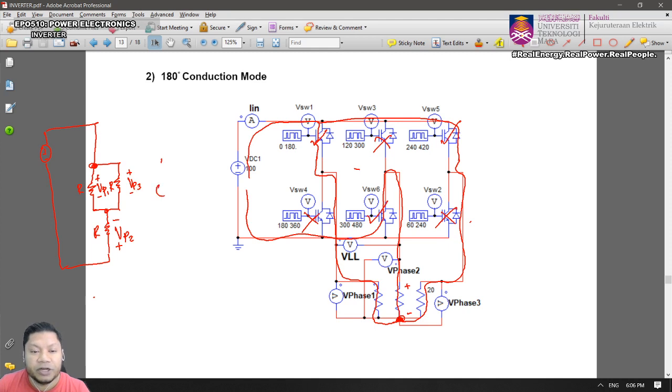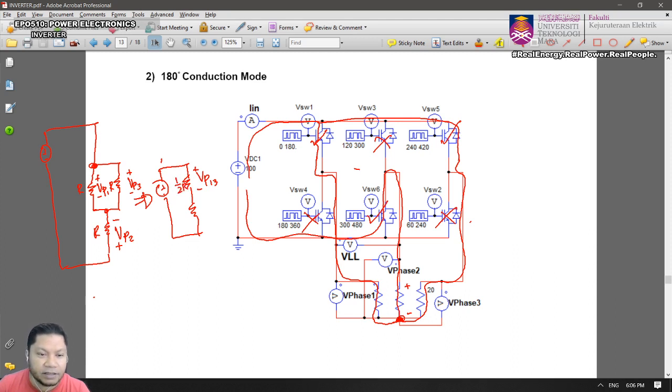Okay, so I'm going to redraw that again so that we just simply have plus minus here, which is the voltage phase for 1 and 3, but now the resistor becomes reduced to what? Half of R, isn't it?